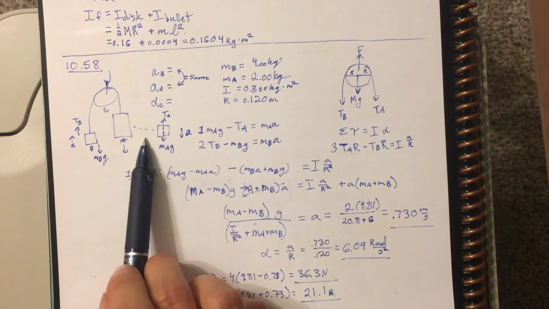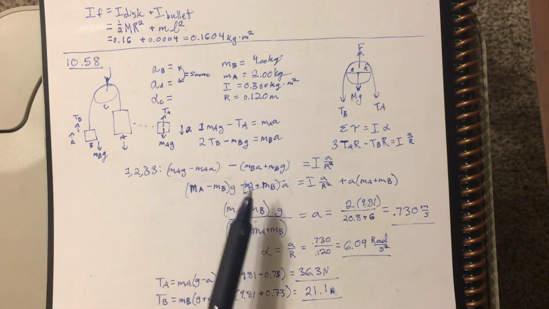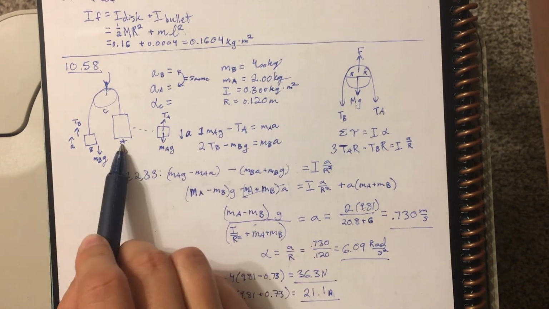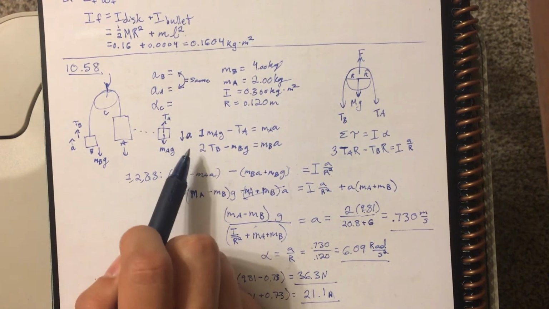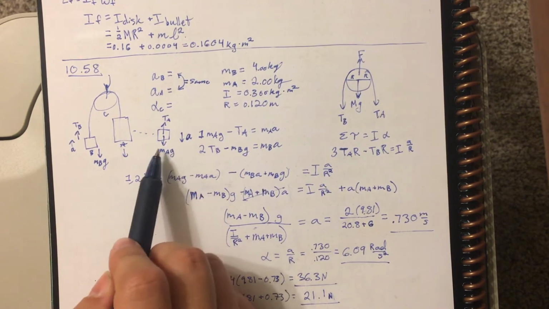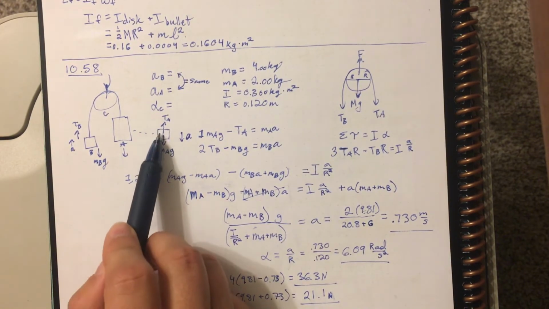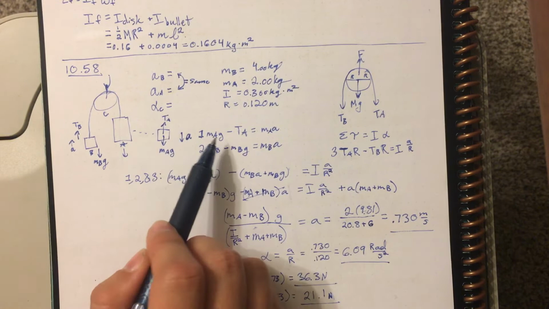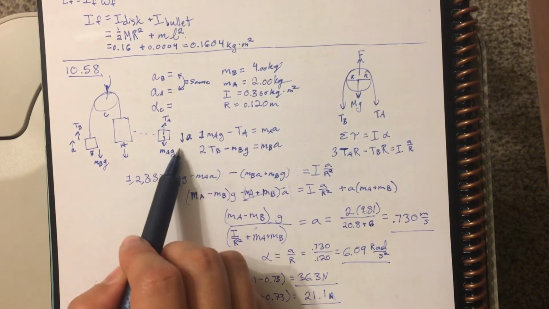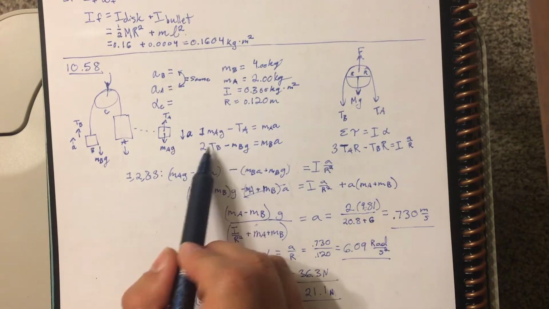We're going to say it's going to the right, so up and down from left to right. So from A's perspective, acceleration is going down. So right here we have the mass of A times gravity minus the tension of A going upwards equals the mass times acceleration. Right. And then we do the same thing over here.